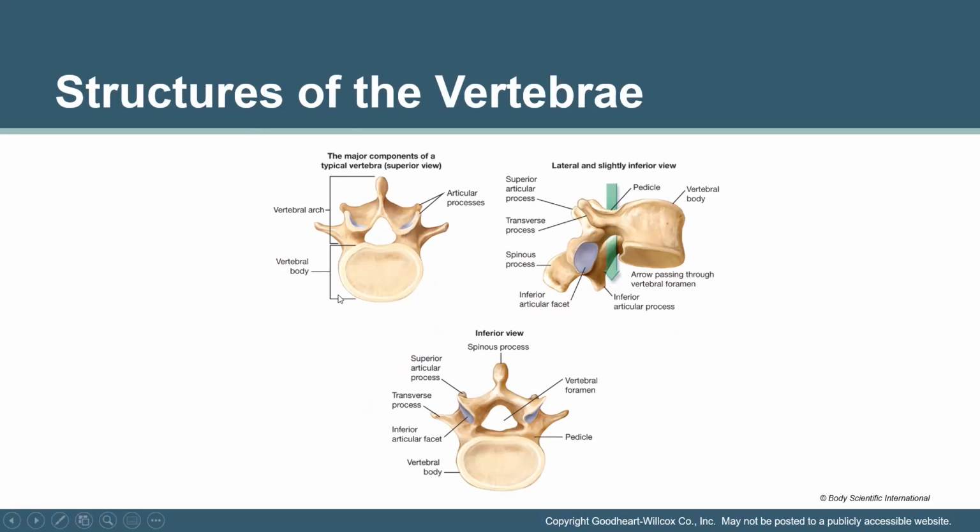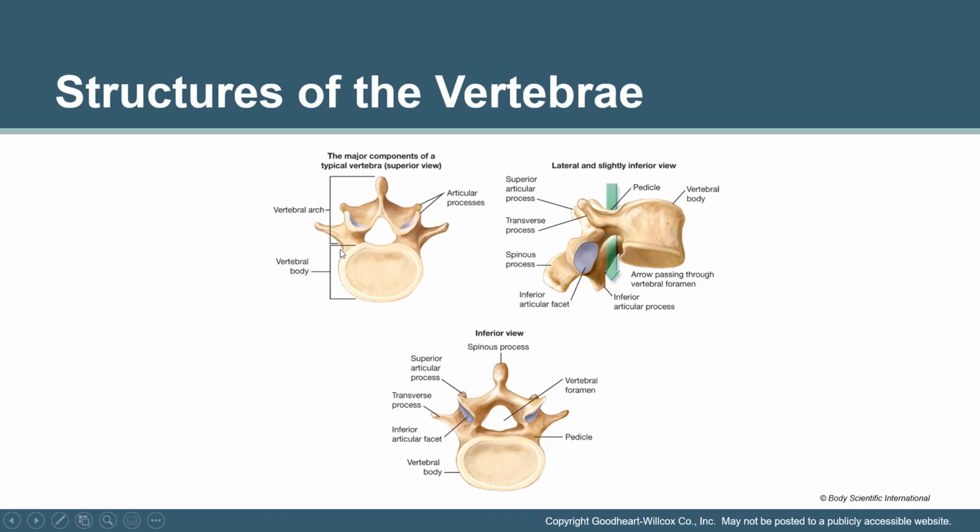The vertebra will have what's called a vertebral body. That's going to be this biggest part of the bone here. It's largest, it's thickest. Remember, we talked about that trabecular bone being a primary composer of this bone, and this is where we're talking about. So these guys are fairly lightweight due to how they're composed.